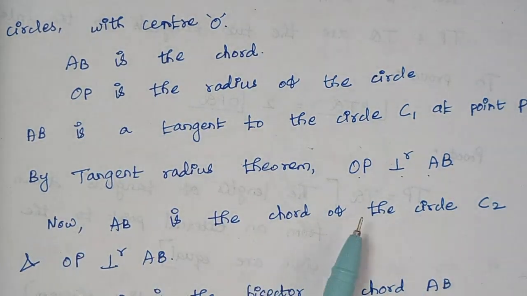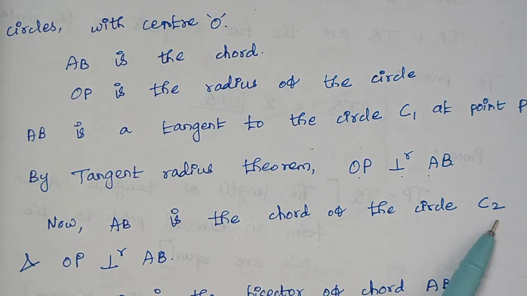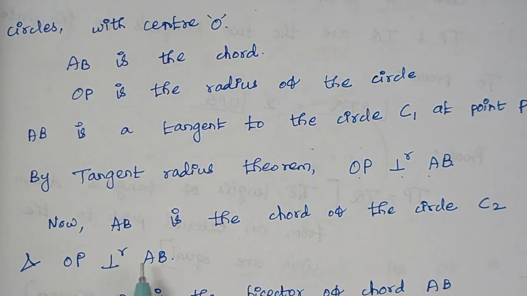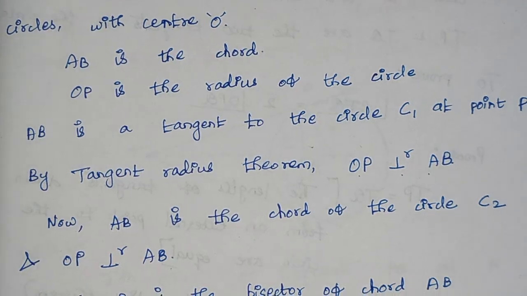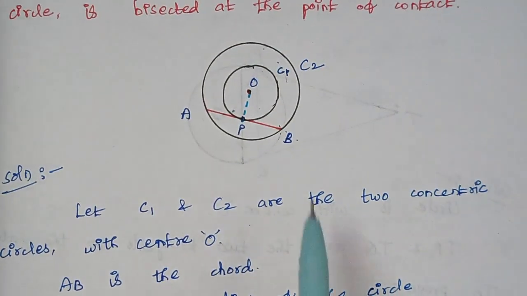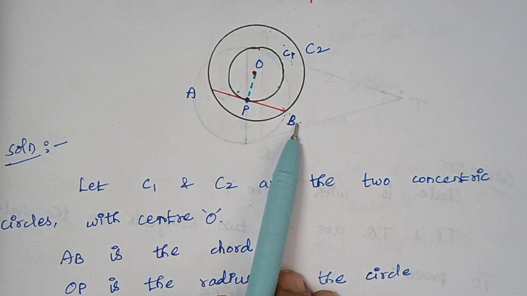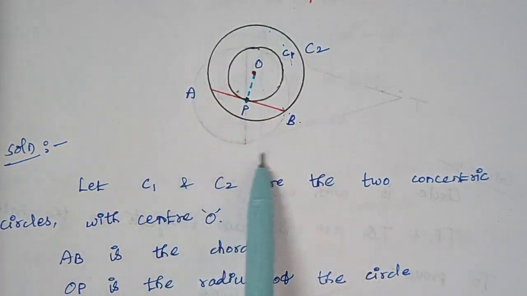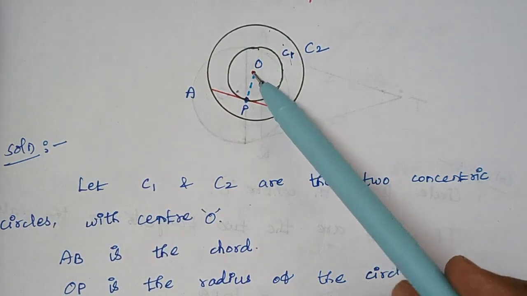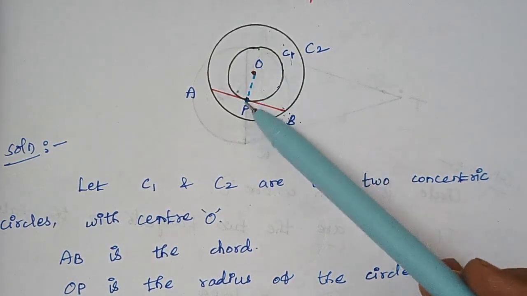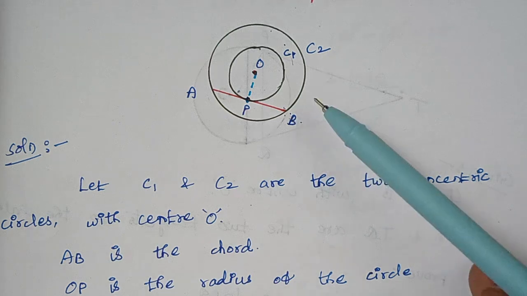Now, AB is the chord of the circle C2 and OP is perpendicular to AB. That is, whenever we consider only circle C1, AB is a tangent. But when you consider the circle C2, AB is a chord for circle C2 and OP is perpendicular to AB, right?